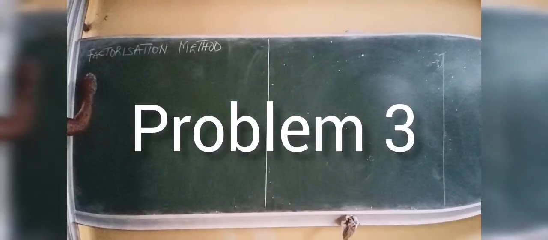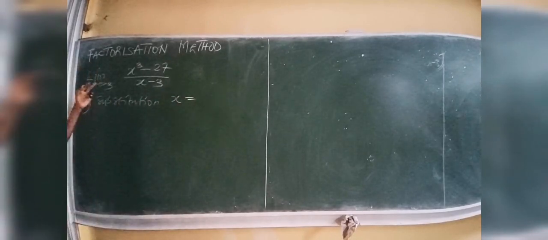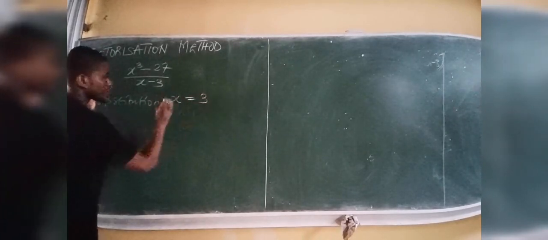So let's say we are given the limit as x tends to 3 of x cubed minus 27 all over x minus 3. So as always, you try the substitution method. Simply set the value of x equal to the point of the limit, which is 3.